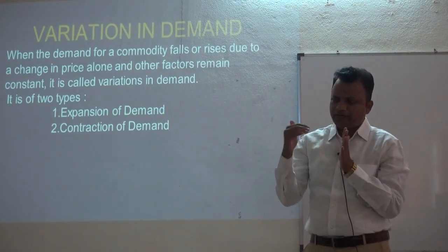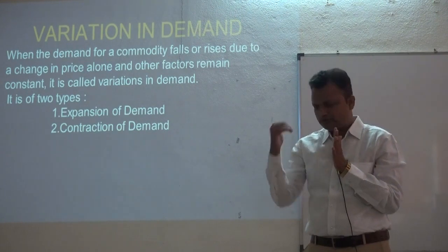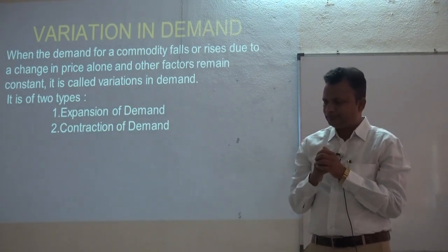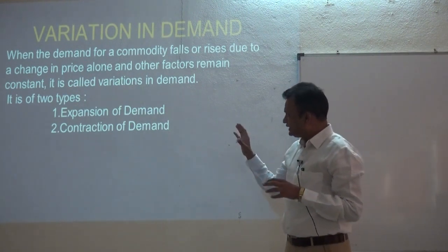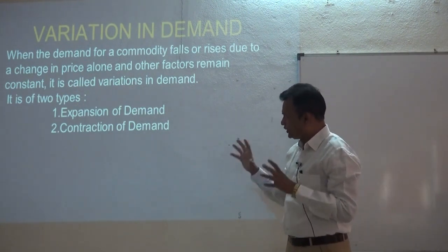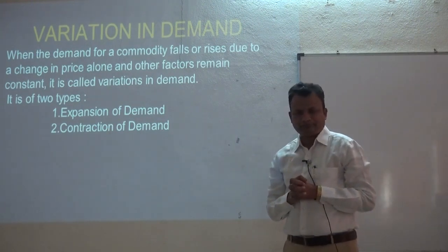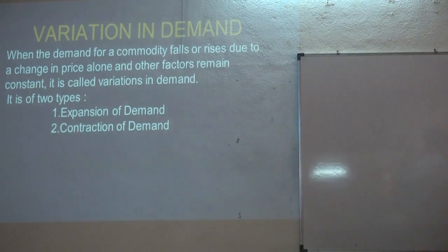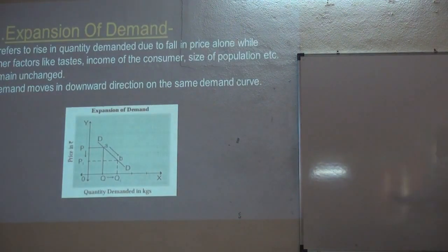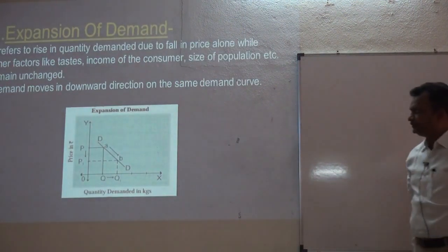Variation in demand has two important concepts, and these two concepts are expansion of demand and contraction of demand. What is expansion of demand and what is contraction of demand?